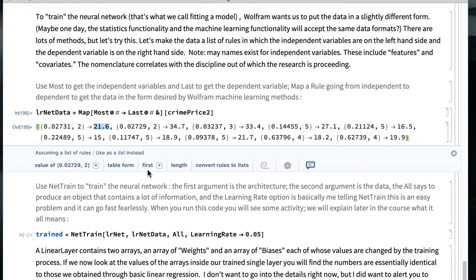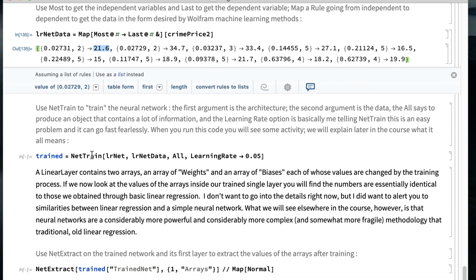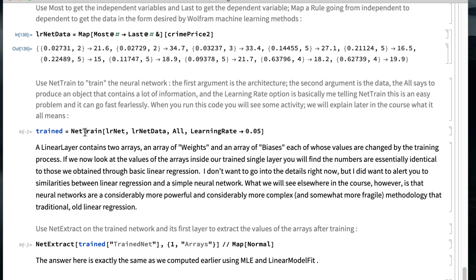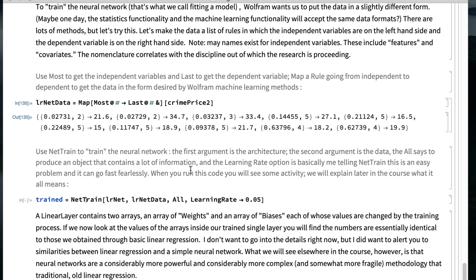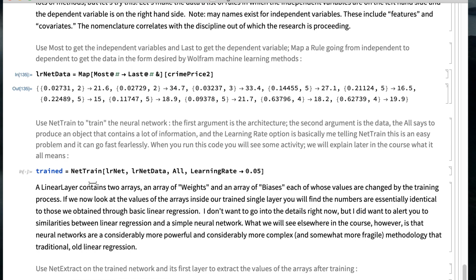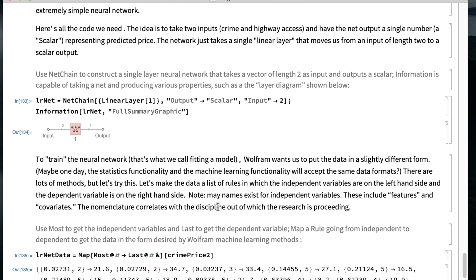All right, but there's our data, and now I'm simply going to tell it train. And what we mean by training is essentially to use the data as a way of modifying the internals of some of the layers. Here there's only one layer, and that layer does need to be modified. We'll go into much more detail on how this all works, but for now you should just realize that that's the concept of training, and the function structure is we give it the network architecture here.